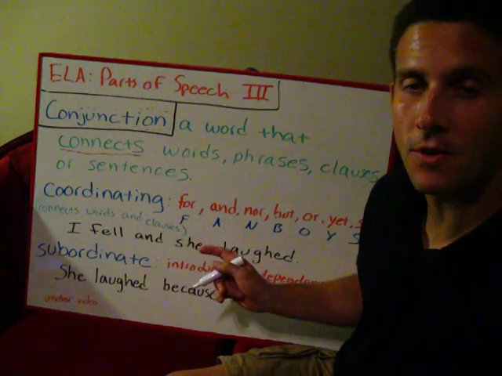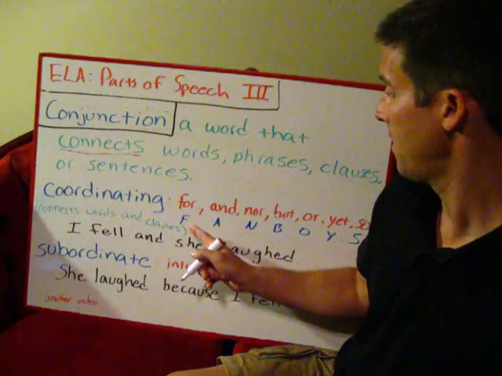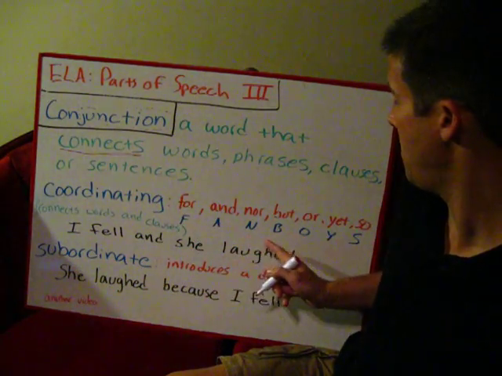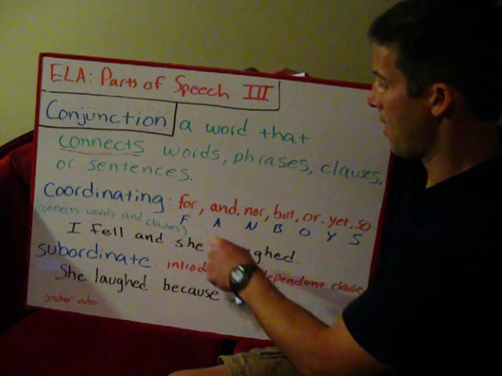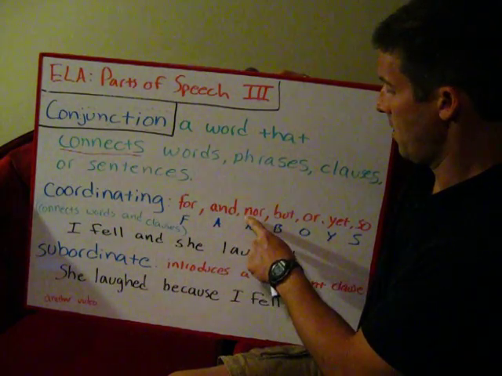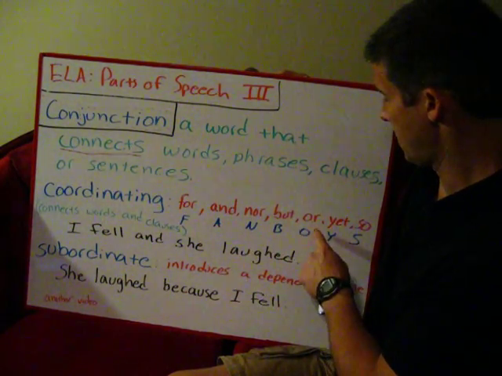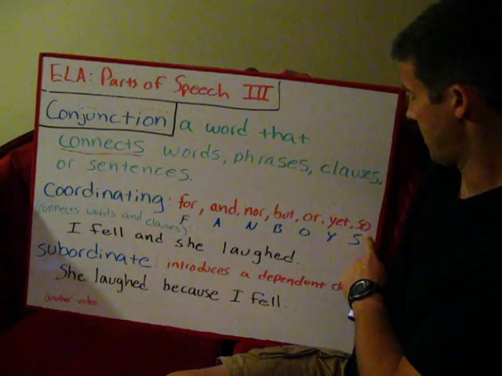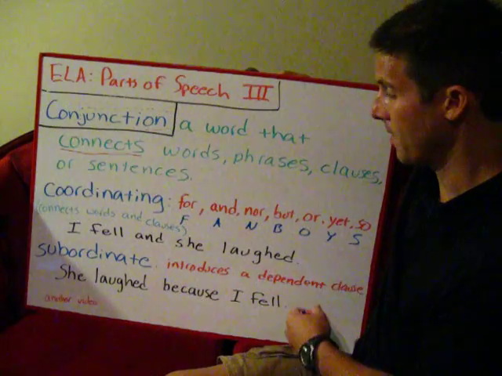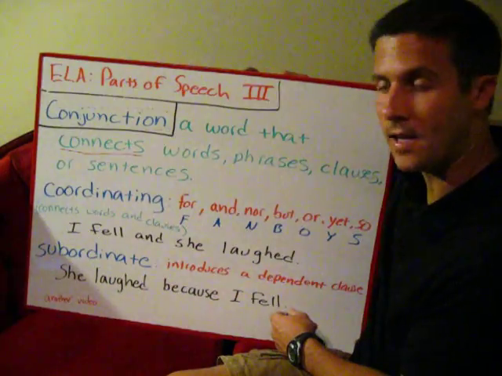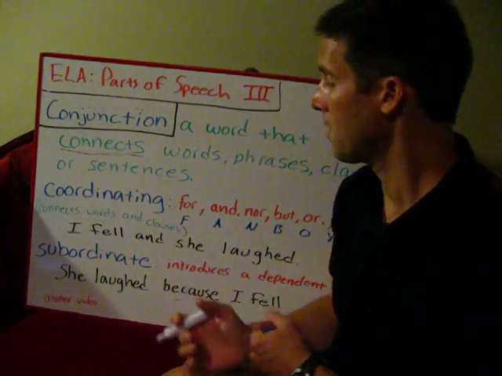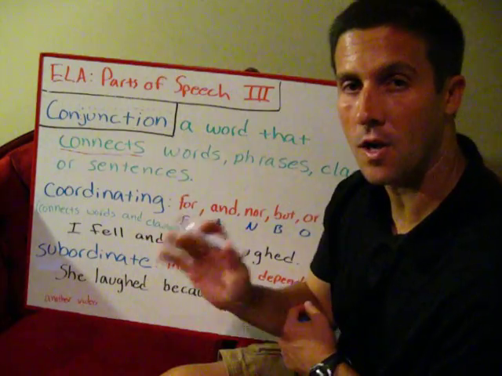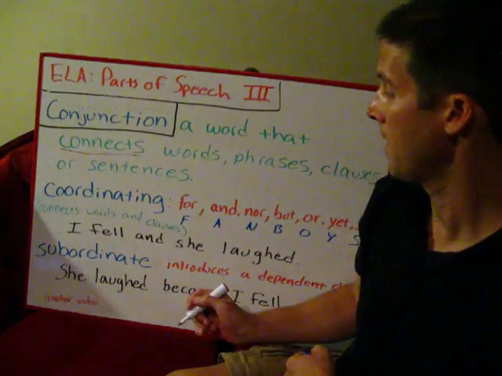There's a great acronym that we use called FANBOYS. For, and, nor, but, or, yet, and so. Those are the coordinating conjunctions. And they bring together words and clauses. We'll talk about clauses another time.